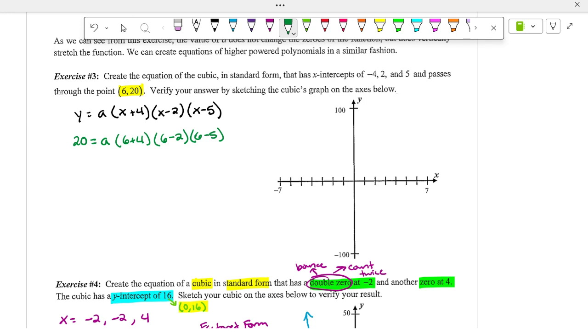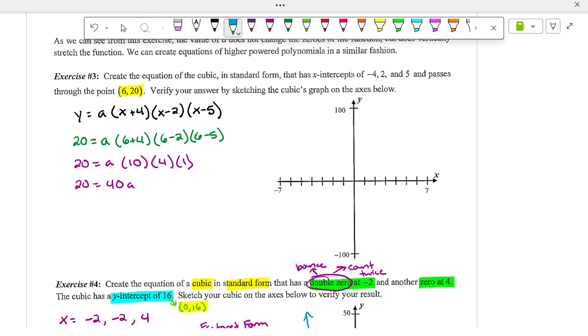Good. So 10 times 4 times 1. Shaki, what's 10 times 4 times 1? 40. So I get 20 is equal to 40a. Shaki, pick someone next.